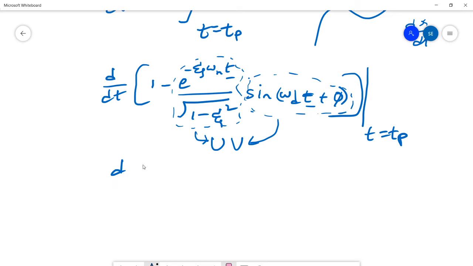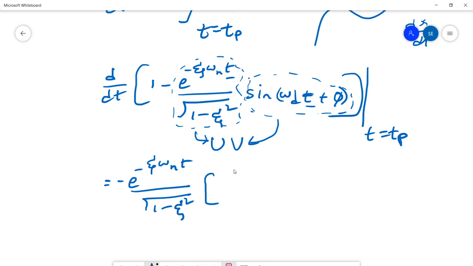Okay, we'll directly write the expression. That is equal to minus e power minus zeta omega n t divided by root of 1 minus zeta square into u v dash.